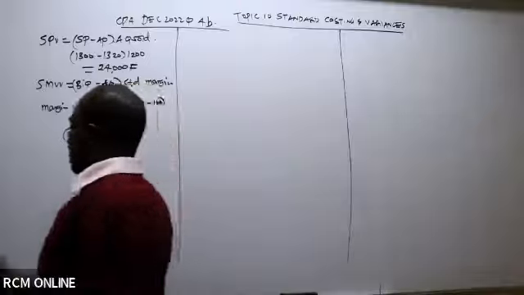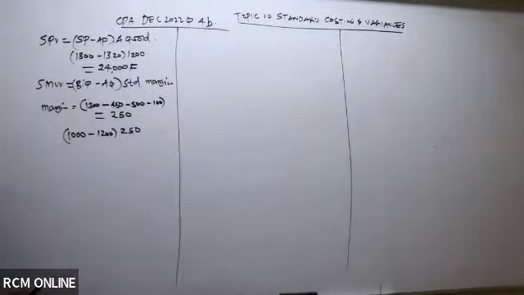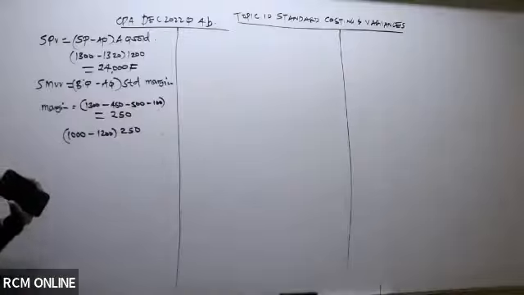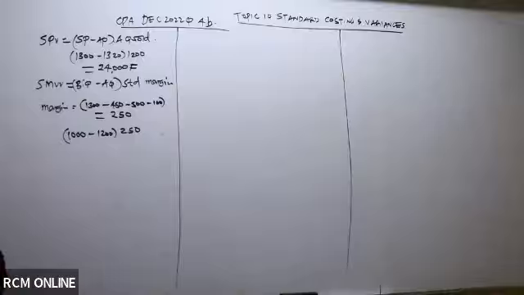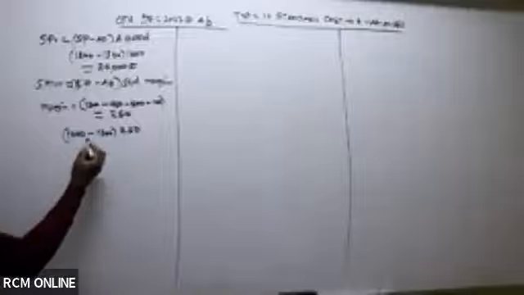So can you give me the actual amount? The difference here is 200. 200 by 250. Is it 50,000 or 5,000? 50,000 favorable, right?